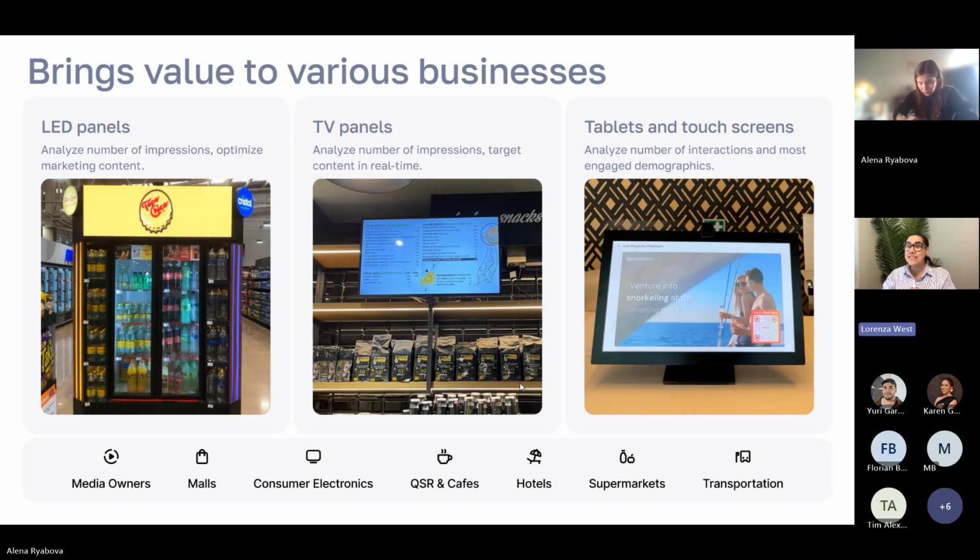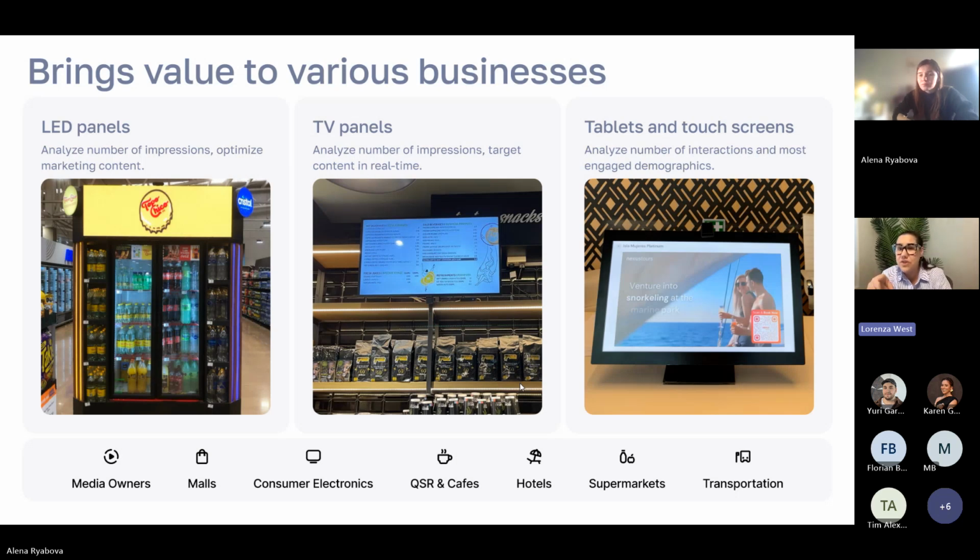They can collect consumer information too. So, hey, if you're in this brand zone, how are you liking it? If you want to hear more information about this later on, please leave us your email address. And all this is happening in the background. We're collecting the data: who is engaging, who's visiting the brand zone, who's leaving their email addresses behind. It gives you a very clear picture of customer interaction and experience.